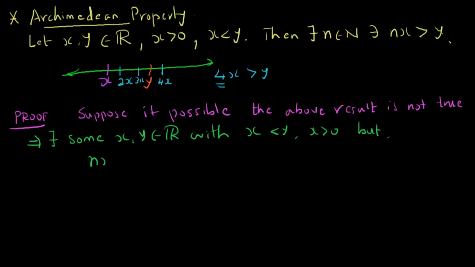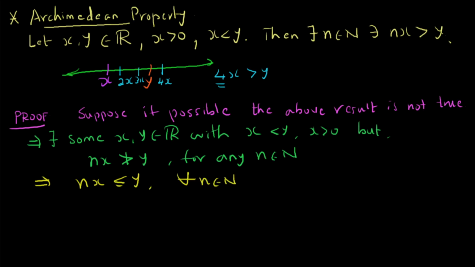Means nx is not greater than y for any value of n belonging to N. What does this mean? This means nx is less than or equal to y for every n belonging to N. This I am calling result number 1.